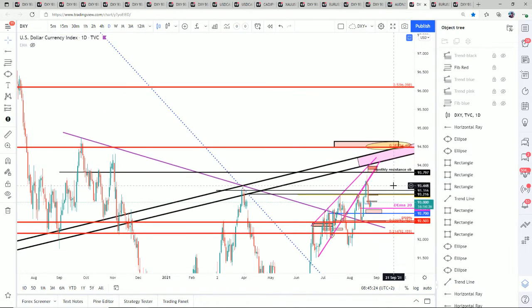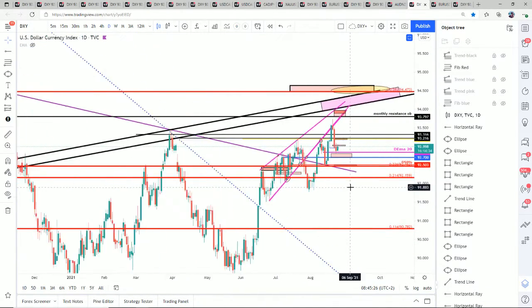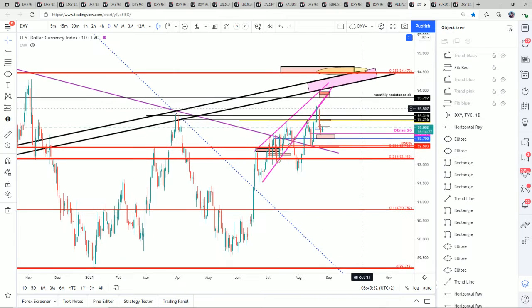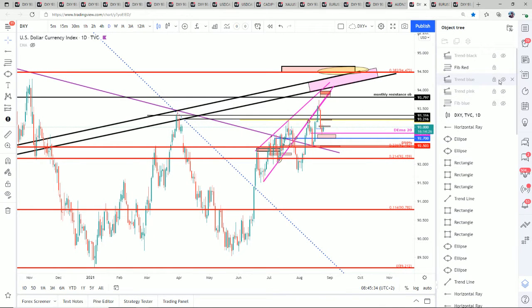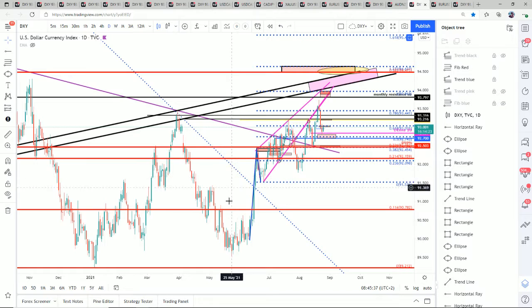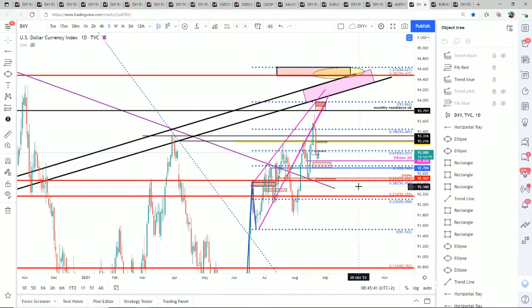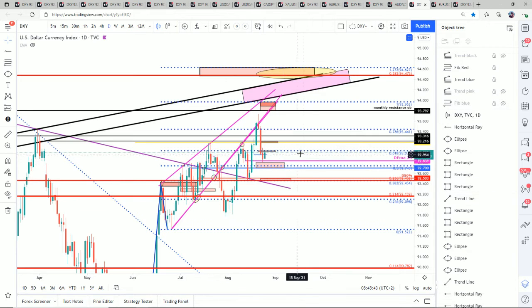And inside here, we have two things. We have two ABCs. One is this one, a big daily ABC that we have been measuring, and that is showing those levels that we have been using, and they have been playing very nicely, especially at the beginning, the 93.03 as 61.8 of this ABC.